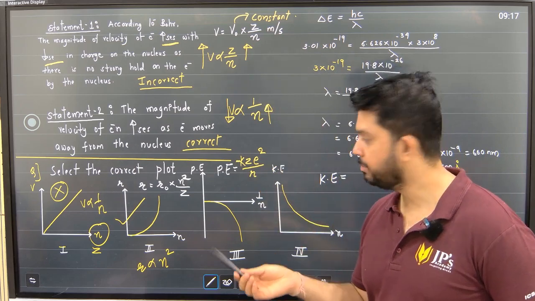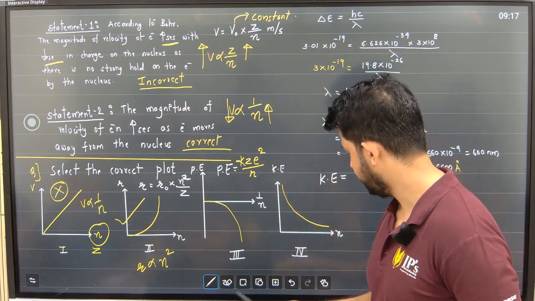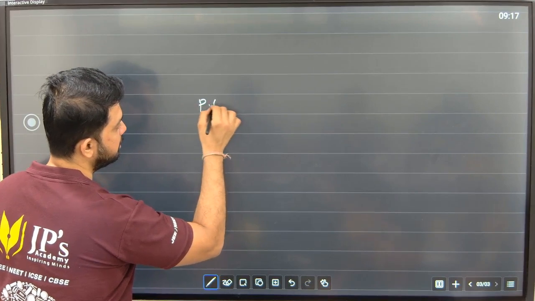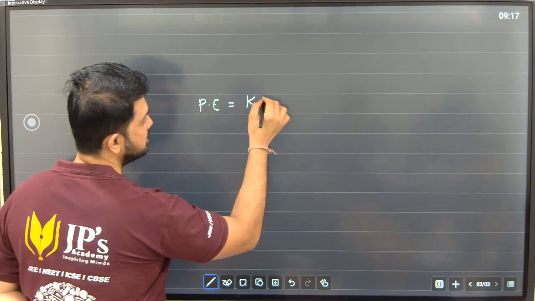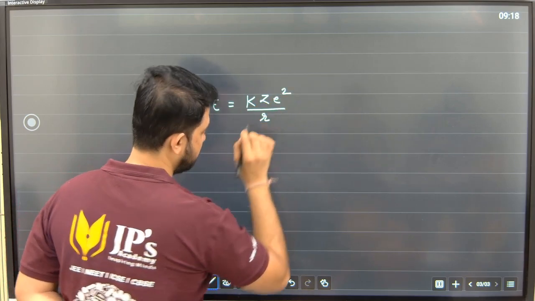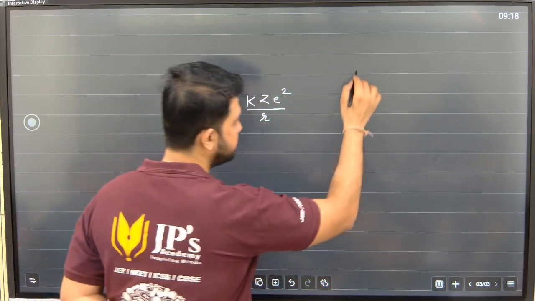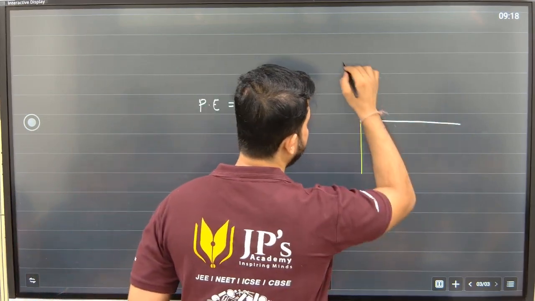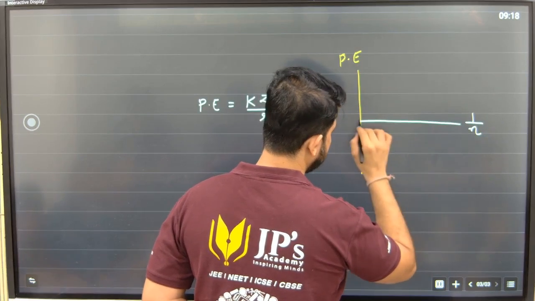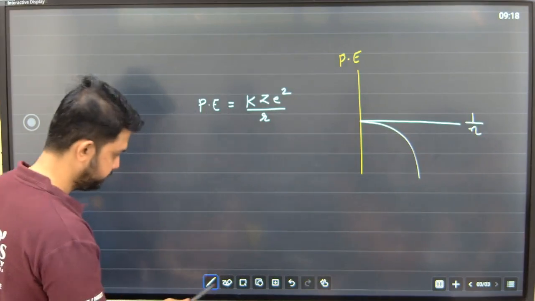Now if I look at the formula for potential energy, ठीक है, let's do this थोड़ा सा next page पे वापस से. What is the formula for potential energy, people? K Z E square over r, and if I look at the plot which we have drawn over there, वो है potential energy versus 1 over n. ऐसा बनाया वो plot.